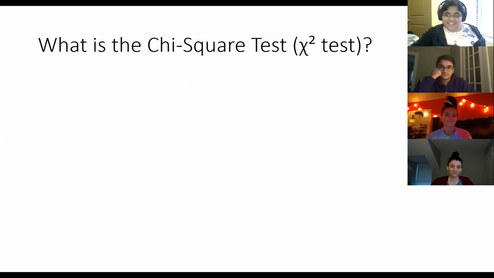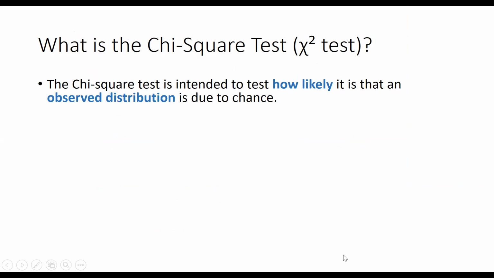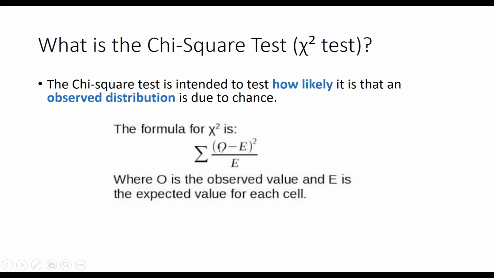So what is the chi-square test? The chi-square test is intended to test how likely it is that an observed distribution is due to chance. This is our formula, where O is the observed value, E is the expected value, so everything squared over the expected value.